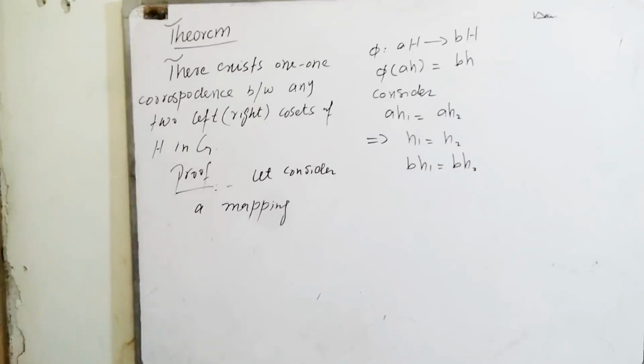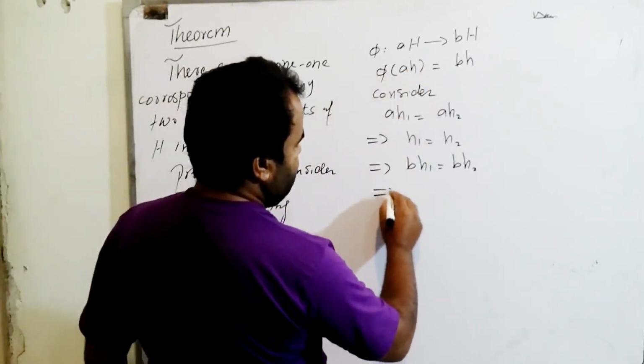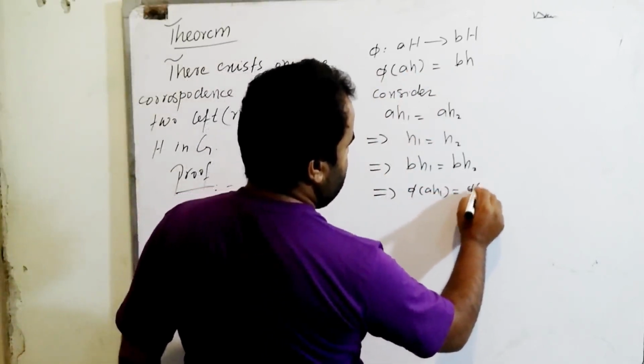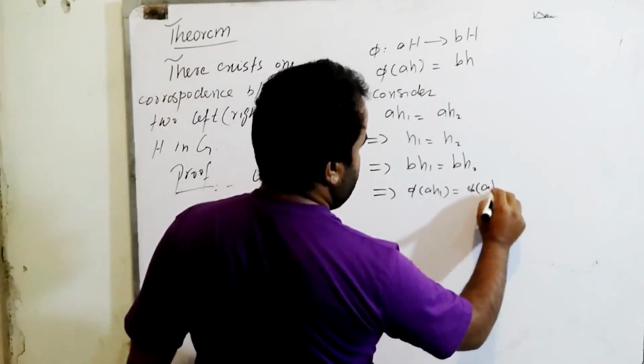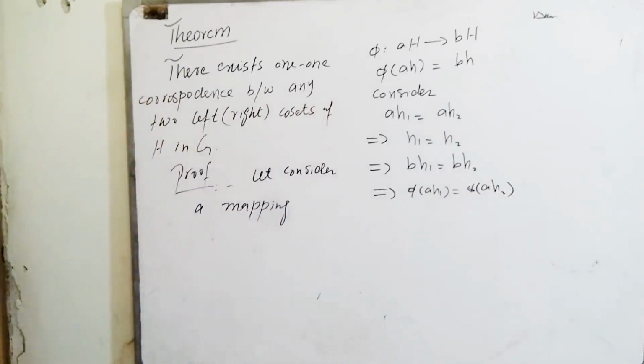The left hand side is BH1 and the right hand side is BH2. When we compare this, it implies that phi of AH1 is equal to phi of AH2. So it is well defined.